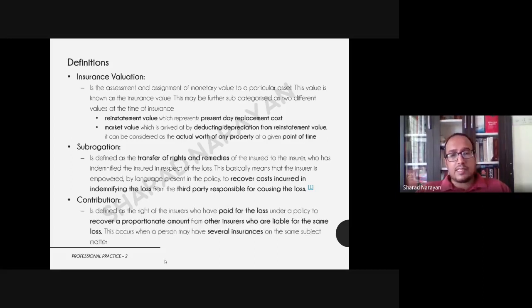Contribution is defined as the right of the insurers who have paid for the loss under a policy to recover a proportionate amount from other insurers who are liable for the same loss. This occurs when a person may have several insurances on the same subject matter.